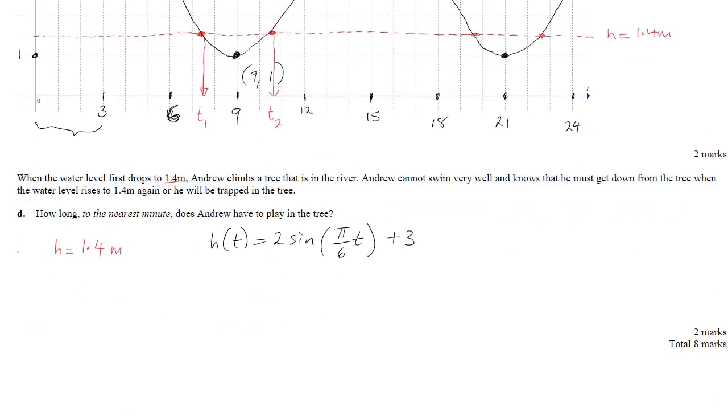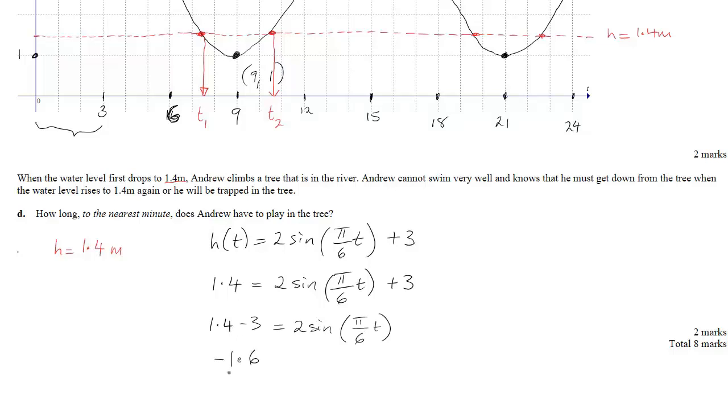So what we're going to do is substitute in the height. We know what the height is. And we move the 3 over to the other side. So it's going to be 1.4 take 3, which will give us negative 1.6, divided all by 2.